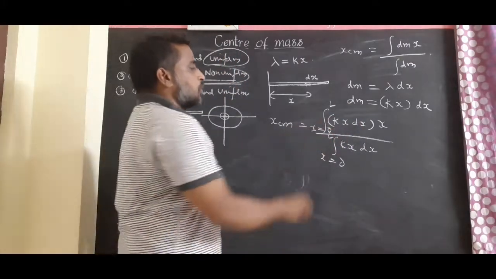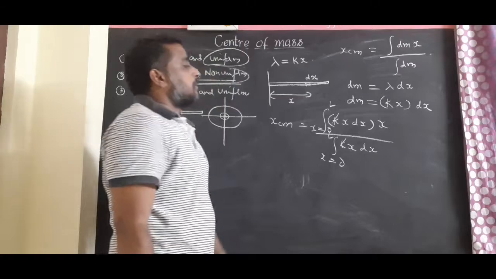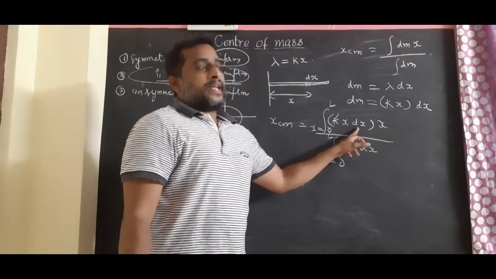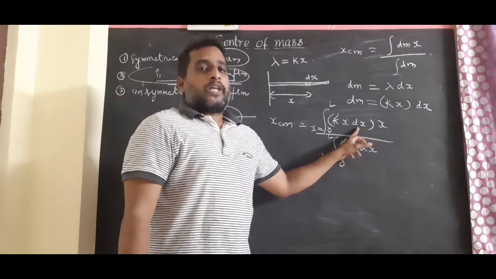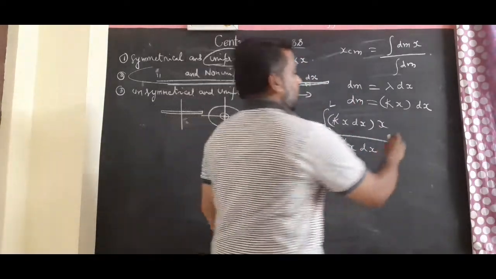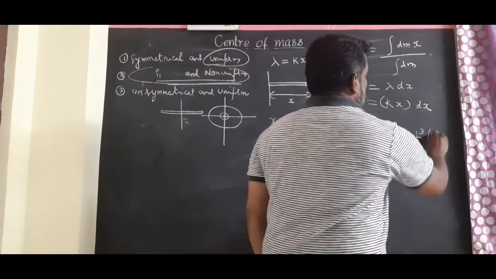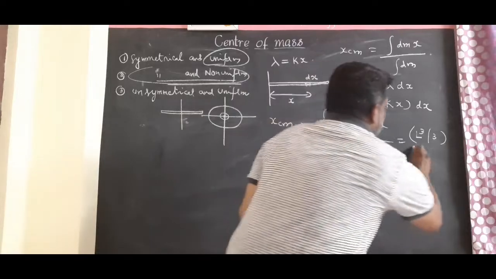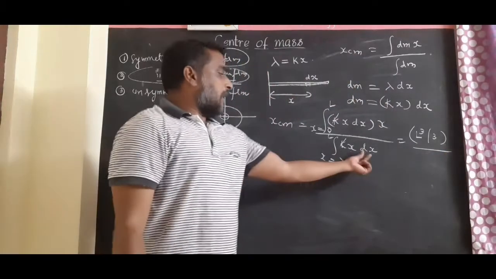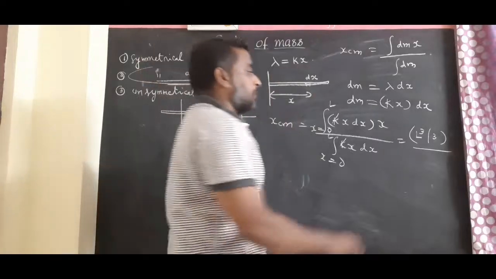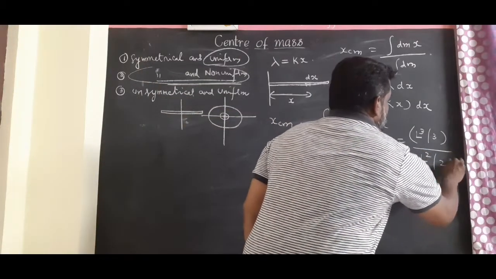Here k is constant, so we can eliminate that k in the equation. Integral x square dx will become x cube by 3. By substituting limits, it will become L cube by 3, divided by integral x dx, which is x square by 2. After substituting limits, it will become L square by 2.